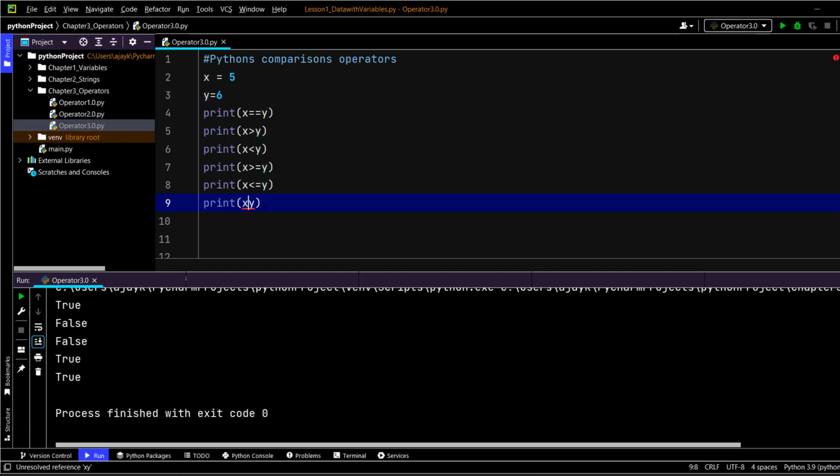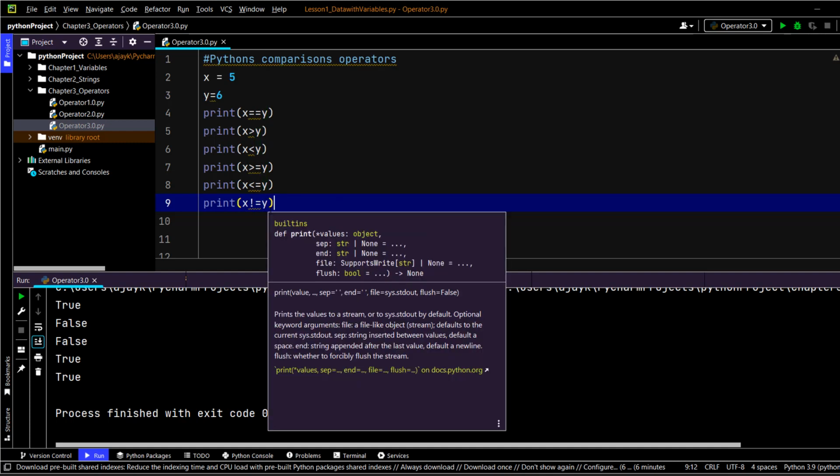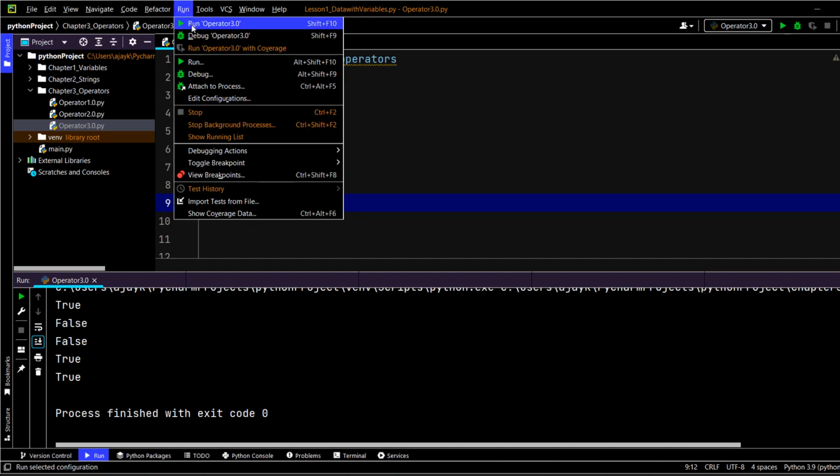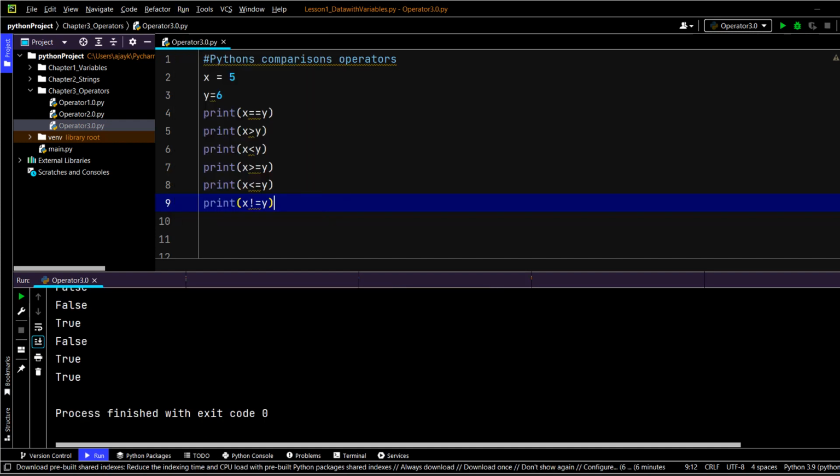But in Python, not equals to is not written like this. In Python, we use the exclamation sign and then equals to. This is what we use. x is not equal to y? Yes, of course, because x is 5 and y is 6, so we should see true here. You can see it. So these are the simple comparison operators, right? Now we will discuss the logical operators.